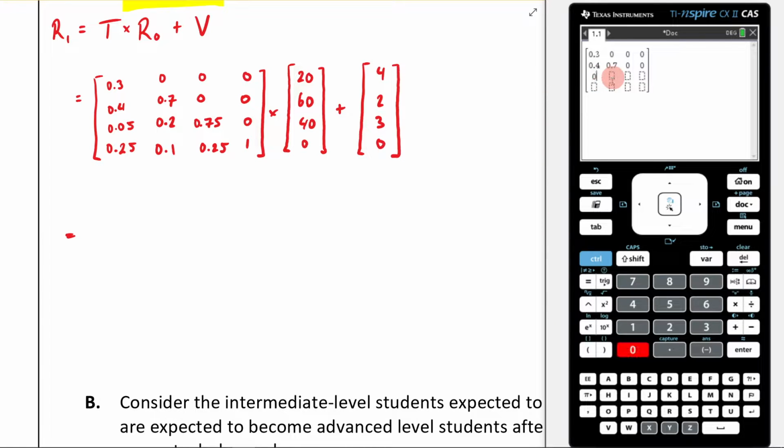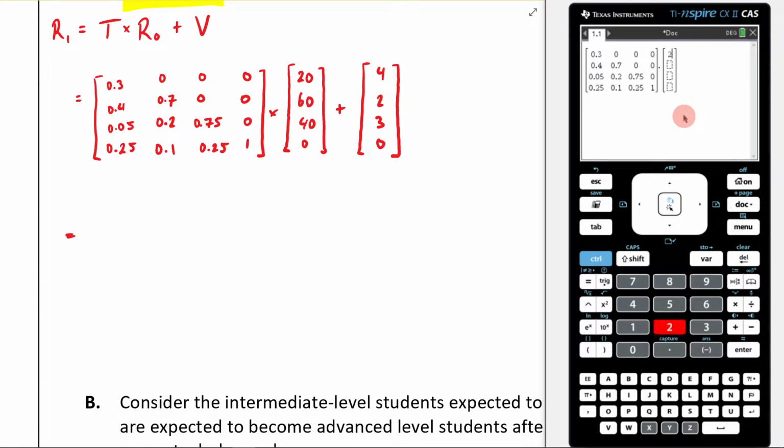I'm sure this is exhilarating to watch. 0.2, 0.75, 0. What a way to spend your day. 0.25, 0.1, 0.25, 1. Perfect. Now just quickly glance over it, make sure I haven't made any silly mistakes. That looks pretty good. We're going to times it by, we'll come over here, 4 rows, 1 column.